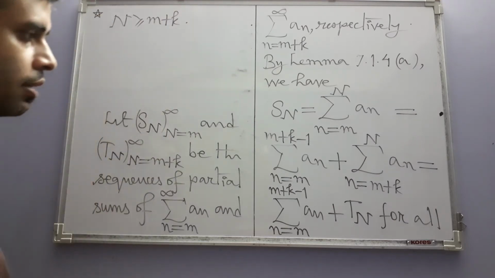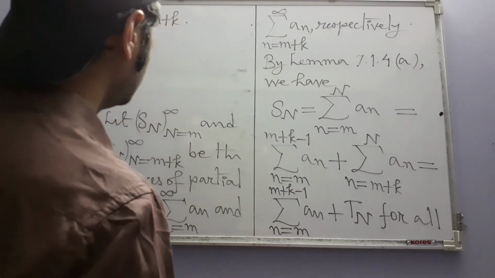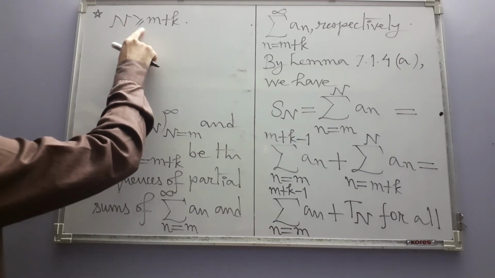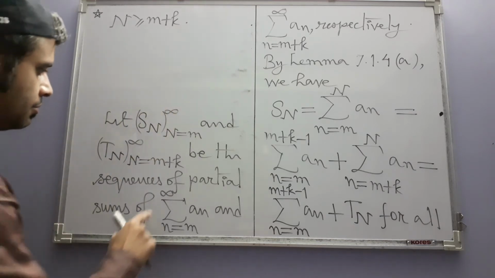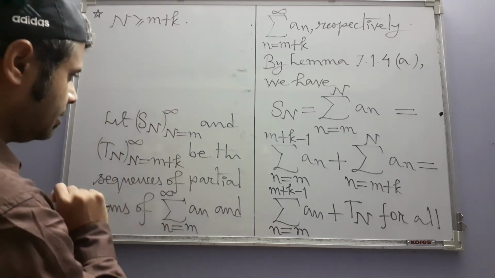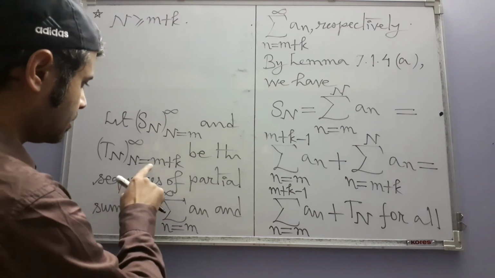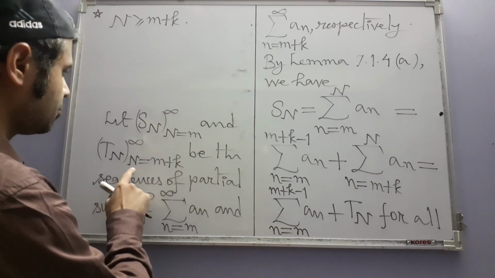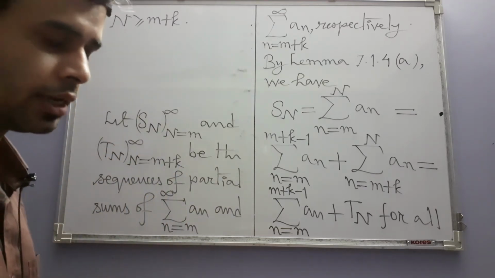Okay, let us now see whether what we have written is true or not. So we are choosing capital N to be greater than or equal to m plus k, just like what we have done here. Here the things are starting from m plus k.